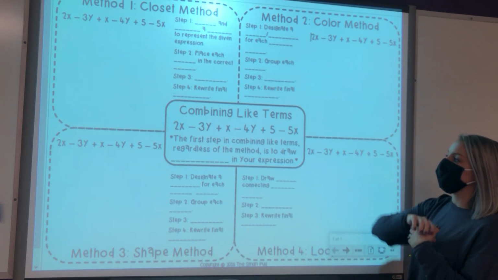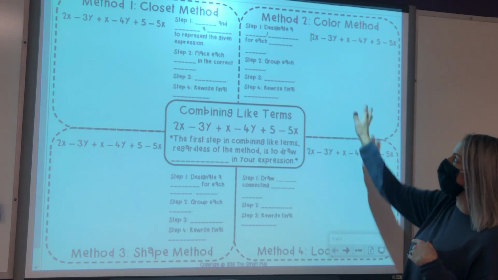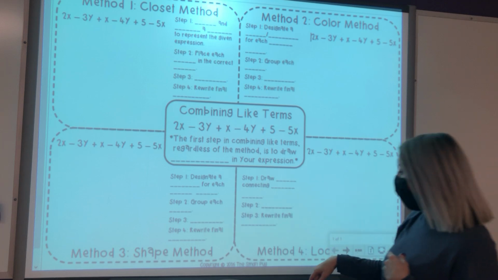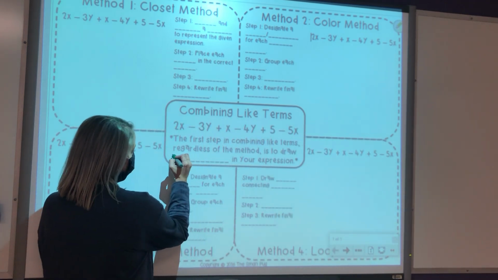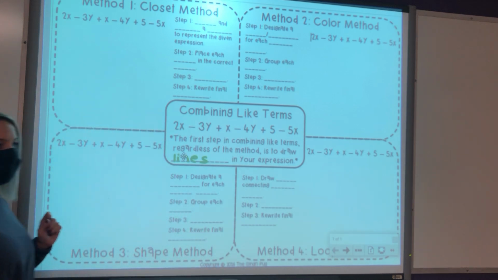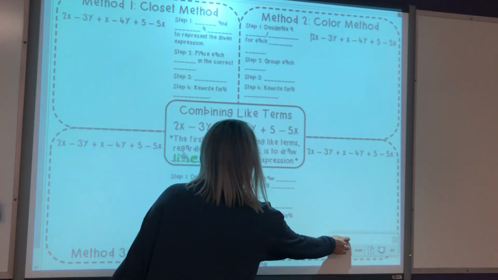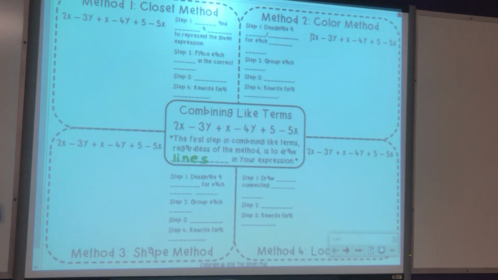So the first thing that we do when we combine like terms, regardless of the 4 methods, is we always draw lines in our expression. These lines are going to separate our terms.